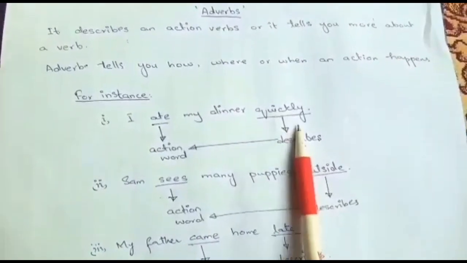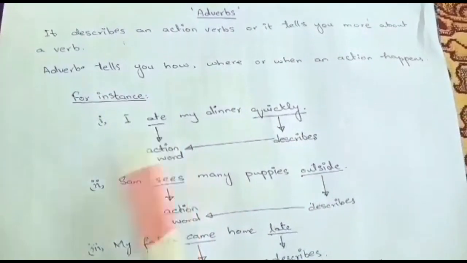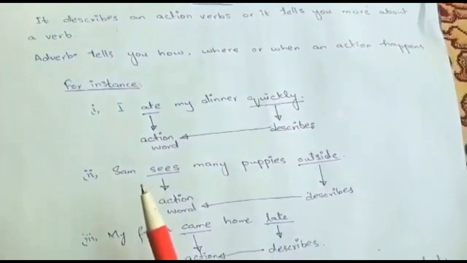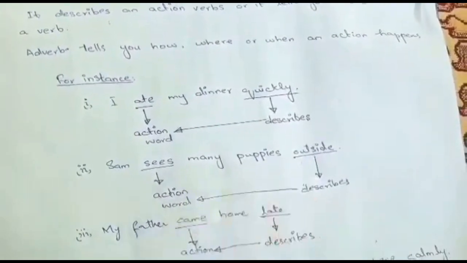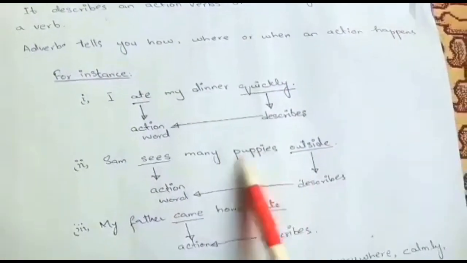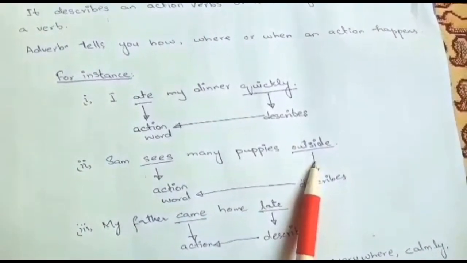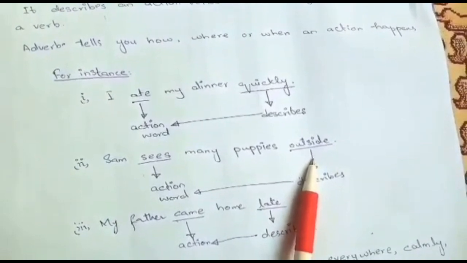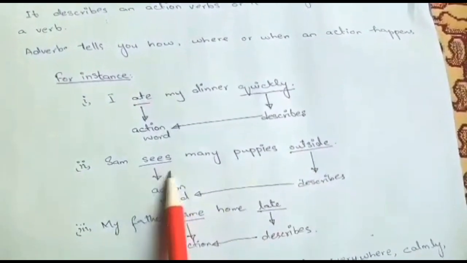That is, quickly describes an action word, ate. Secondly, Sam sees many puppies outside. In this example, outside tells us where the action happens. That is, outside describes the action word see.